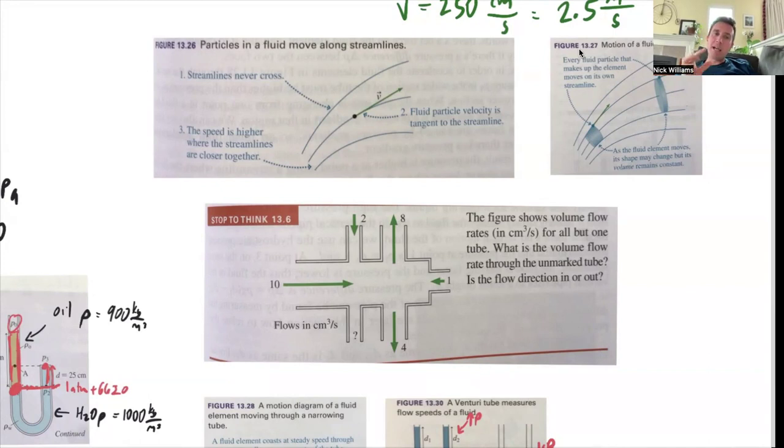The speed is going to be higher where the streamlines are closer together, based off of that AV equals AV kind of thing. Here the velocity will go down because the area is going up. So the closer the streamlines are, the faster it goes.